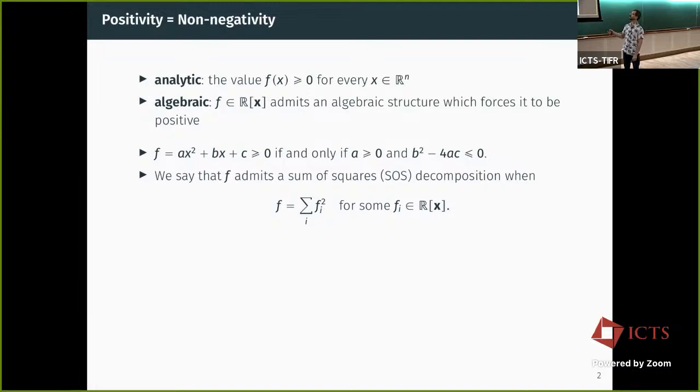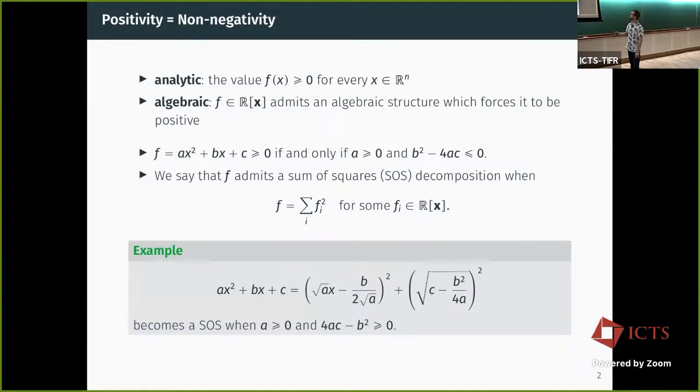And of course, if I can find such a decomposition, then f must be non-negative. If I have this polynomial, I can always write it like this, and this is going to be a sum of squares of two real polynomials if and only if a has to be bigger than 0, and this term also has to be real. So it's the same thing, really.